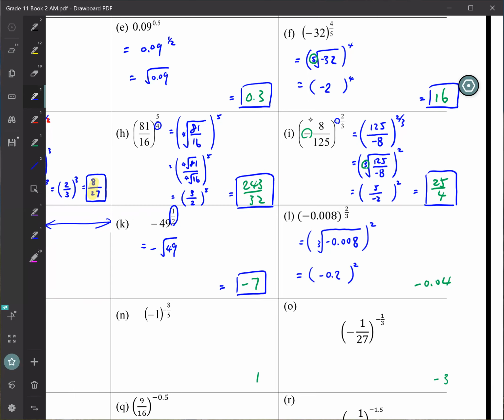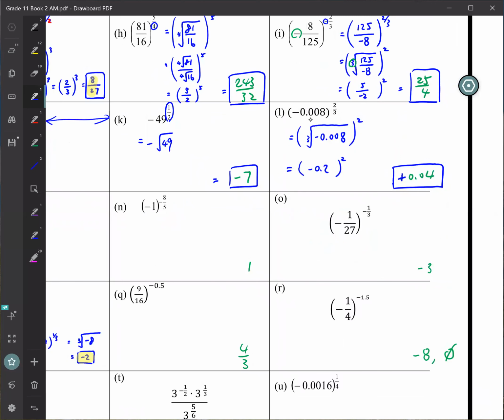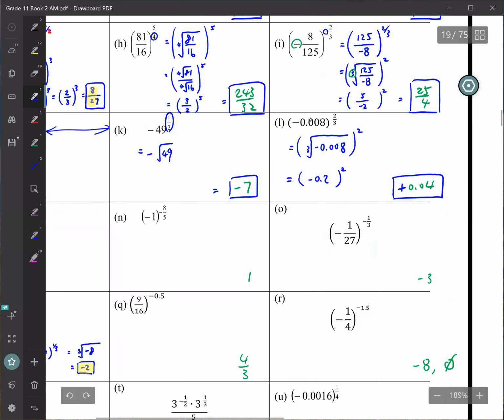And then because the negative is inside the brackets, when you square, you should get a positive, right? Negative times negative will give you a positive. So the answer should be a positive 0.04, okay? Make sure you change that, not negative.